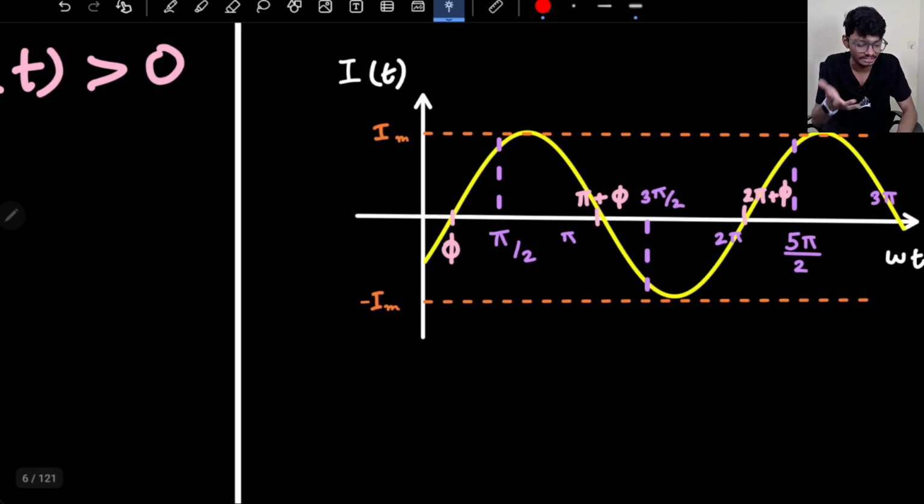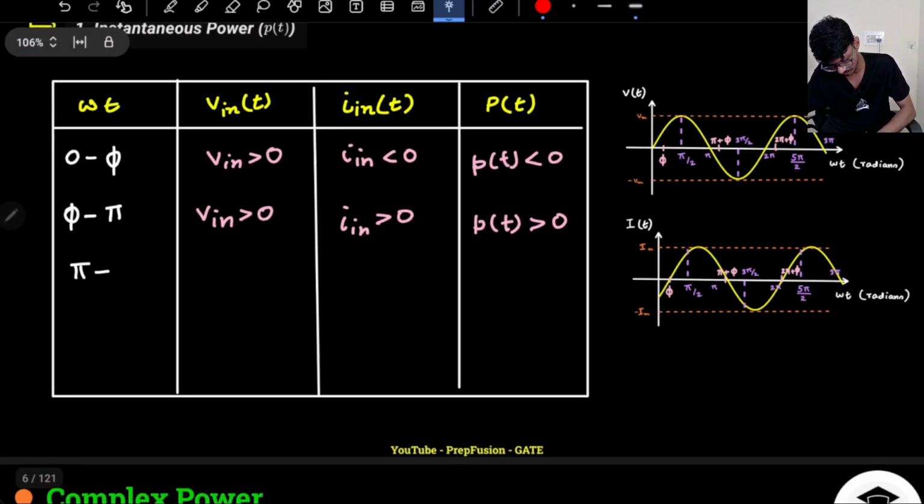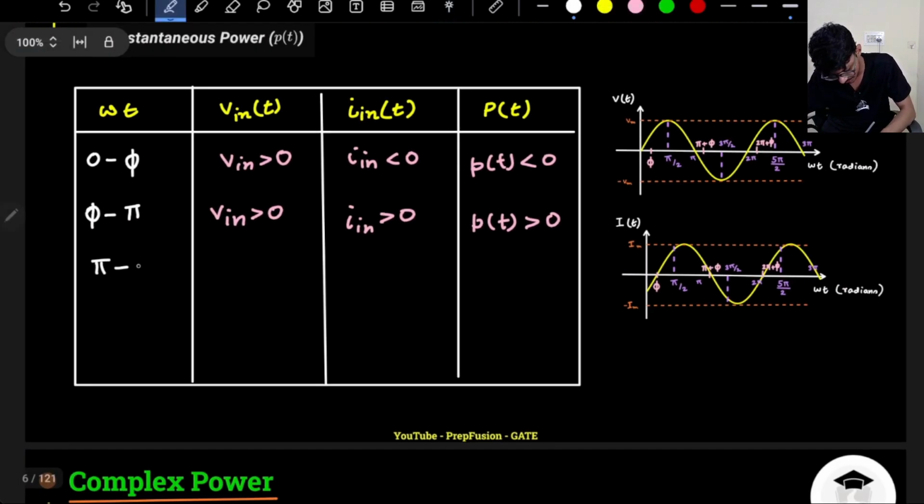If I have shifted by phi radians, then everything will be shifted. This point was supposed to go to 0 at omega t equals pi, but I have right-shifted everything by phi, so this point also will be right-shifted by phi. So it will go from pi to pi plus phi.